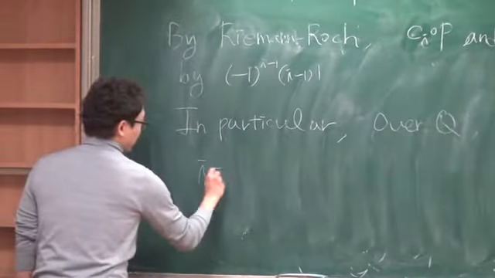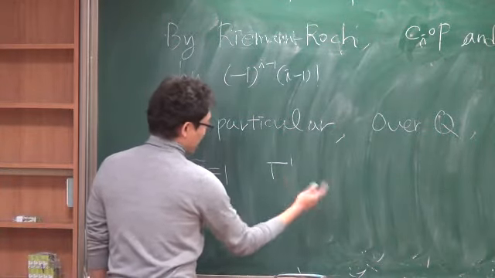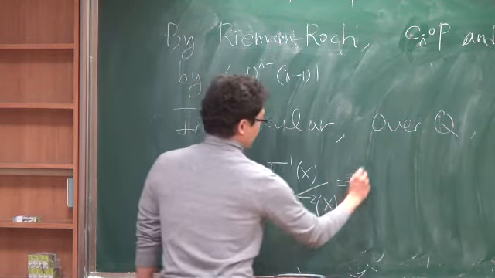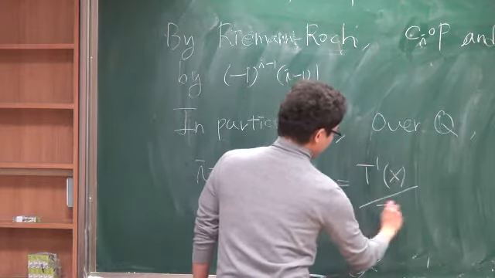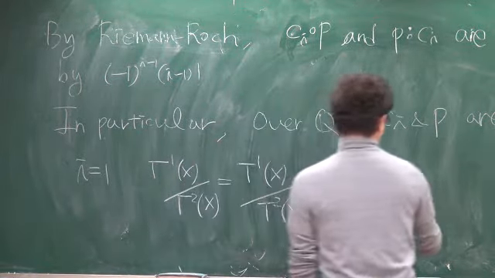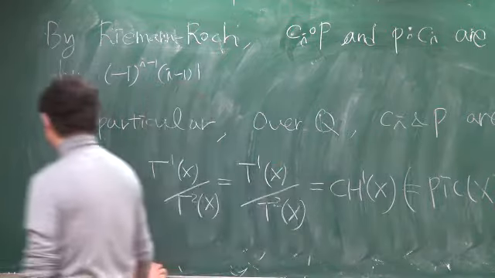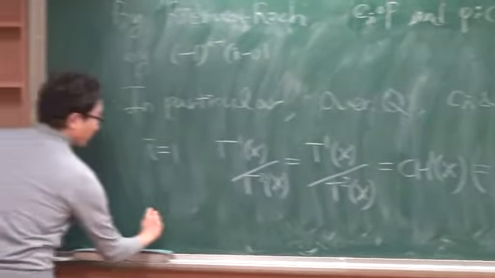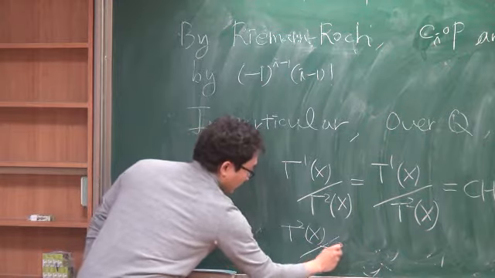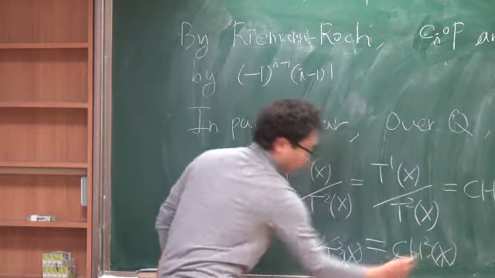And in particular for small degree, when i is 1, as the topological filtration and gamma filtration are the same, which is isomorphic to the topological filtration, and which is the Picard group of X. When i is 2, the subsequent quotient of the topological filtration is isomorphic to the Chow group of codimension 2.